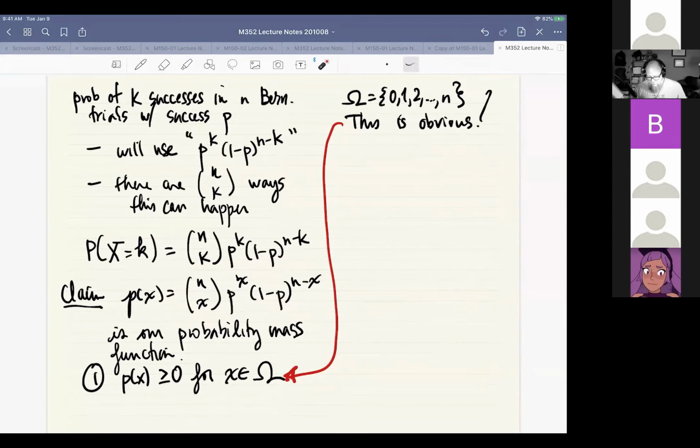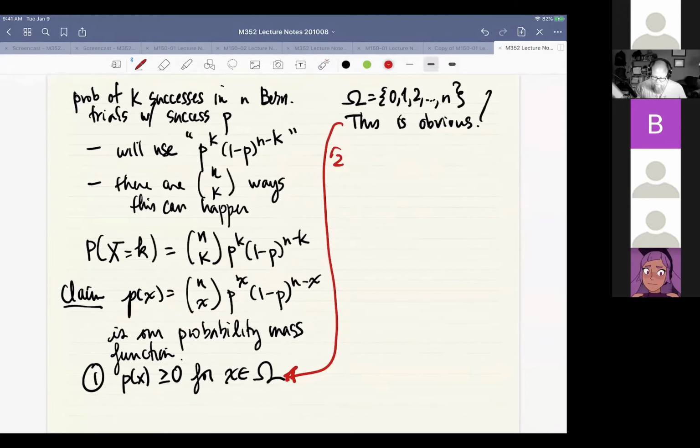So I'm multiplying a positive times a positive times a positive, and so my probability is going to be positive. There's a chance, sure, that p could be equal to 1, so this whole thing is 0. But I'm only interested in my probability mass function being bigger than or equal to 0. Okay, so obvious. I satisfy that one property.